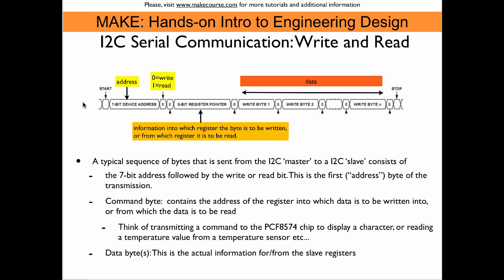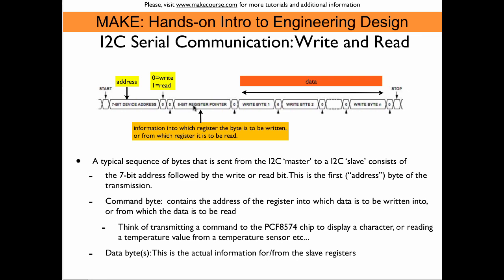First we have a start signal, then the master sends the 7-bit device address, followed by the read or write bit. Then there's an acknowledge bit that is sent from the slave, right? That it received the address, and then the master sends some information about what to do with the data that is sent after that.